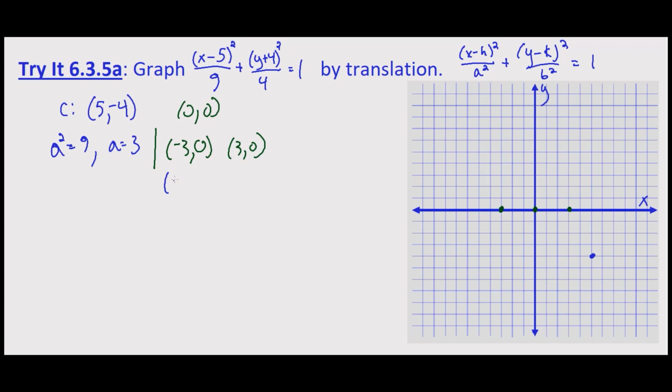So negative 3 plus 5 is 2. 0 minus 4 is negative 4. 3 plus 5 is 8. And 0 minus 4 again is negative 4. So we know we're going to have a point at (2, negative 4), and a point at (8, negative 4). So we'll go ahead and plot those.